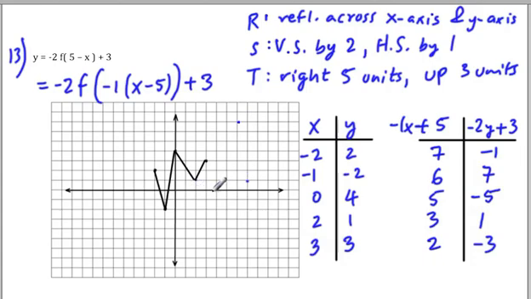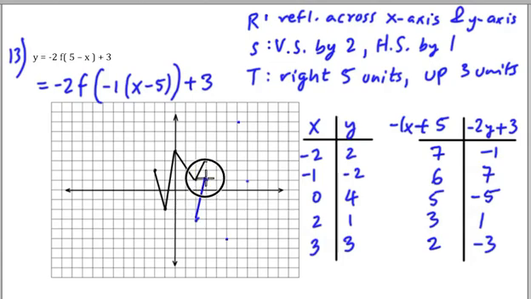So 2, 4, 5. So 5, negative 5 is right there. 3, 1 is here. Okay, and 2, negative 3 is right there. Let's connect the points.